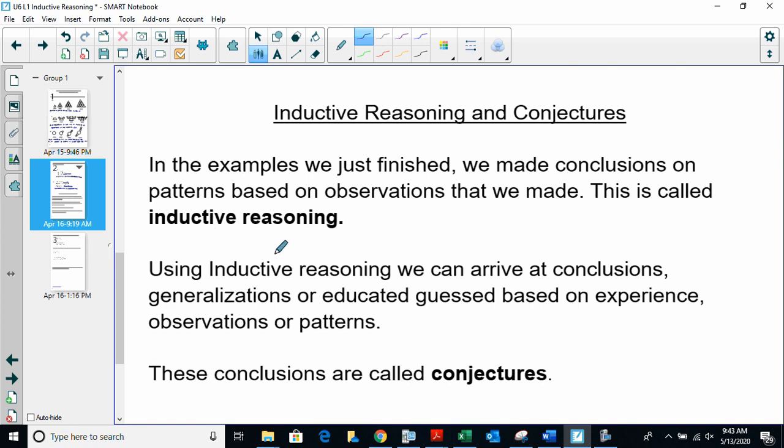Using inductive reasoning, we can arrive at a conclusion, which is in general an educated guess based on the observation or based on the pattern. And those conclusions are called conjectures. So you are reaching a conclusion based on the observation and on the pattern.